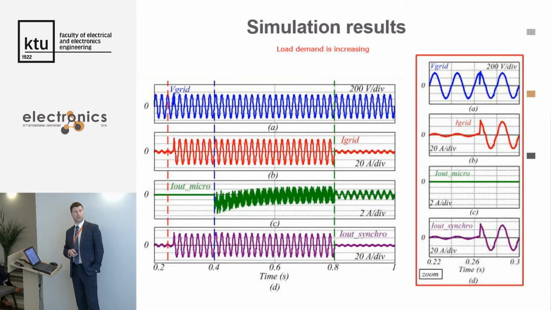First of all, when load demand is increasing, here is grid voltage, grid current, microinverter is not working at this moment, and synchroinverter current. If we add additional load, the current is bigger, and the same is in the grid current.